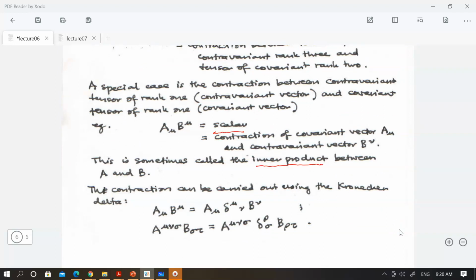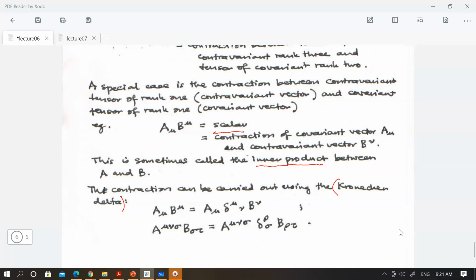The other thing that one can make use of, as an intermediate tool to do contraction, is the Kronecker delta. So if I want to consider, for example, the earlier contraction between a covariant vector and a contravariant vector, I can think of this covariant vector independently of the contravariant vector, meaning I have different indices, mu and nu, for example, but then I insert, as a tool, this Kronecker delta, which has the indices mu and nu.